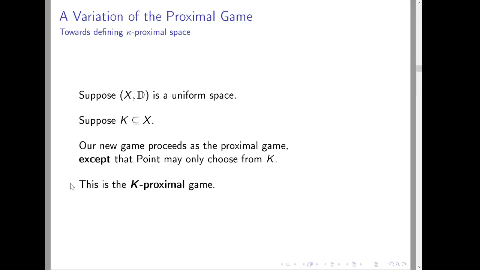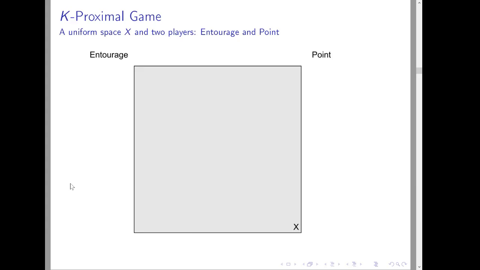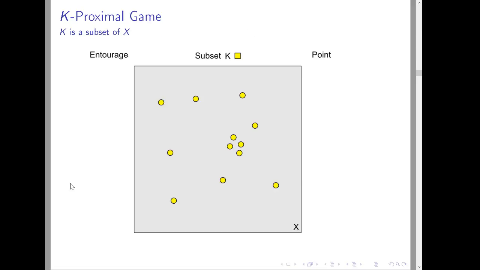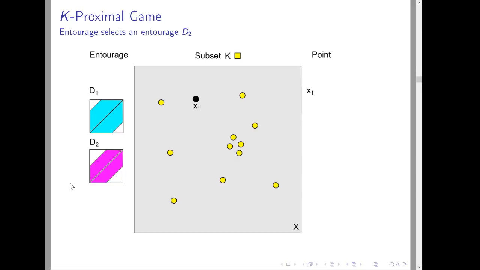Just to remind you how this goes, here's the space. What's different now in this K proximal game is that there's my subset K, which I've drawn as this sort of smattering of points. Entourage will move first and choose her neighborhood of the diagonal, and then point has to choose from one of those yellow dots. So that's essentially the difference here.